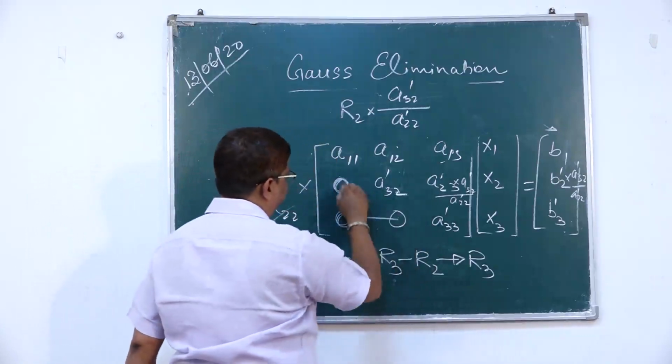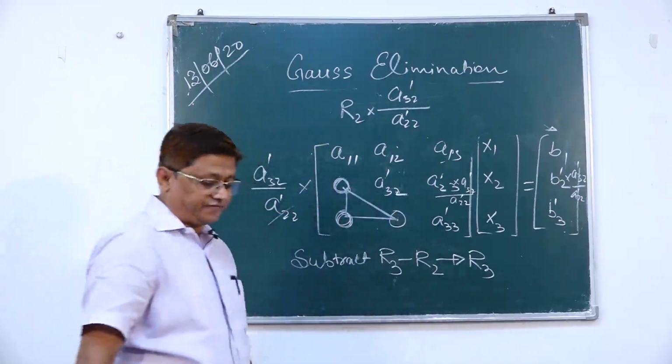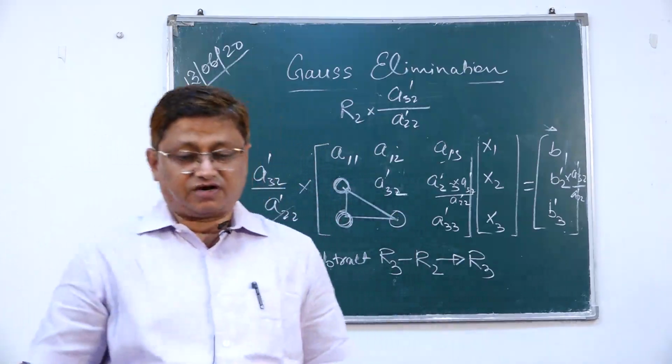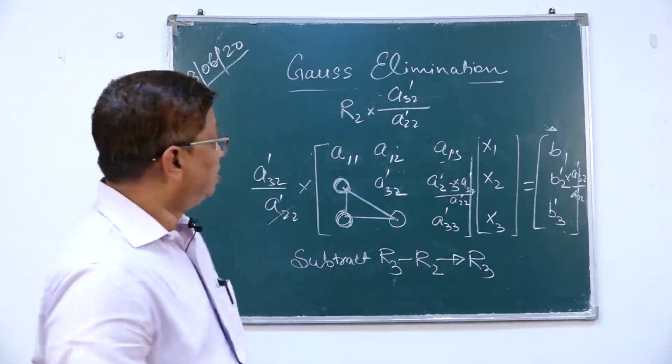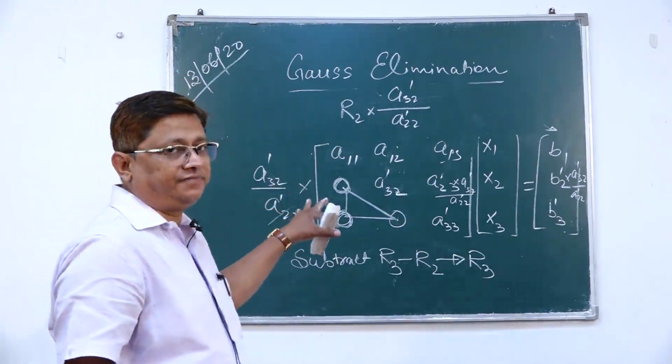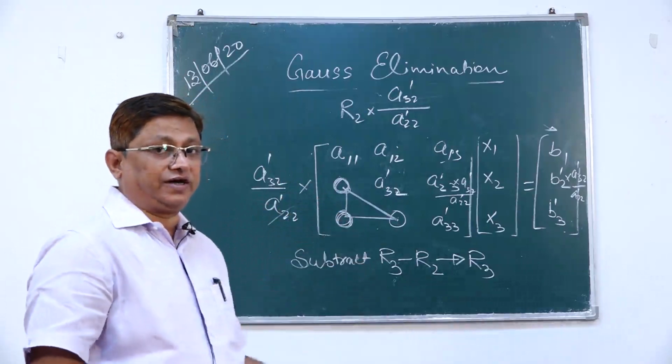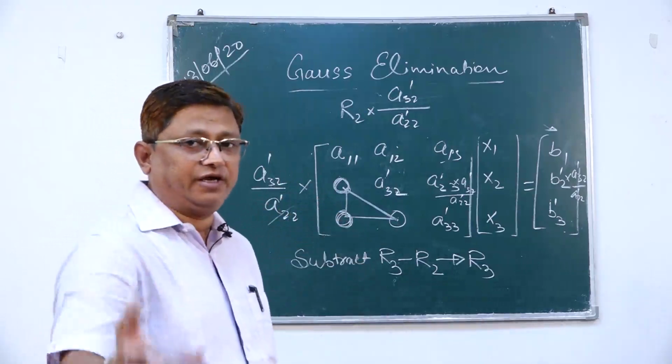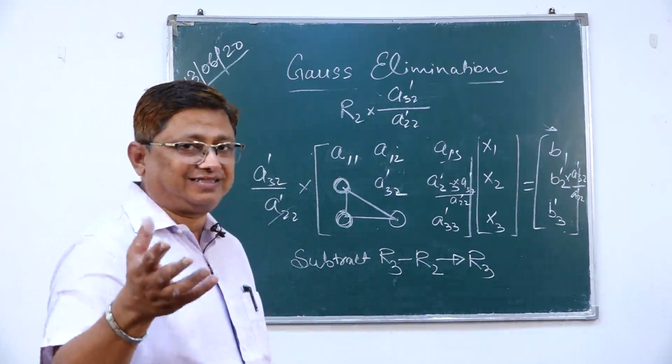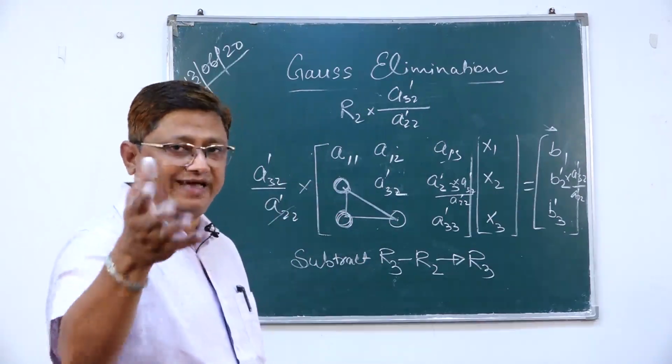Now we have formed an upper triangular form, and this process is called Gauss elimination, to eliminate A21, A31, A32. What is the purpose of elimination? We are finding the unknowns x1, x2, x3.